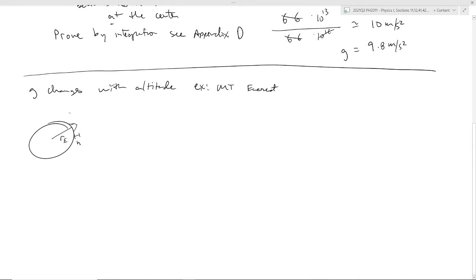So if you look up Mount Everest, you'd find that the height of it is about 8,550 meters. And so we can compute this little g in the same manner, where now let's call it g at Mount Everest, would be big G, mass of the Earth, over the radius, which would now be the radius of the Earth plus that height, that quantity squared.